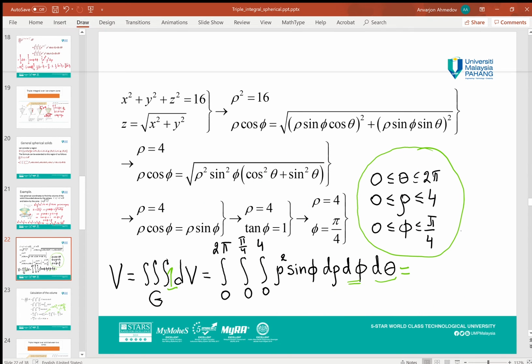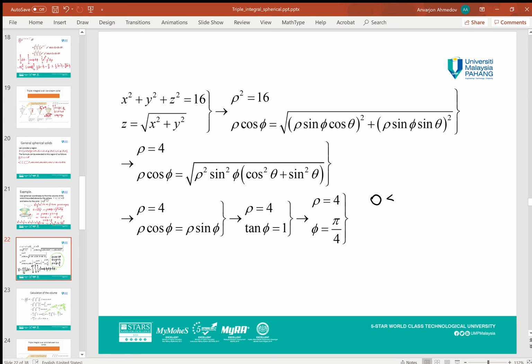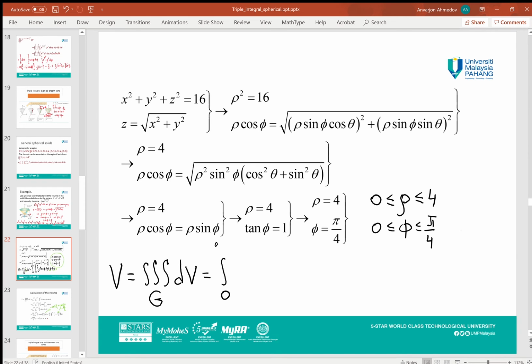Next, all calculations I collected here again. So from here we obtain rho from 0 to 4, phi from 0 to pi over 4. Then the volume can be calculated with the integral, of course, it is the formula for volume.